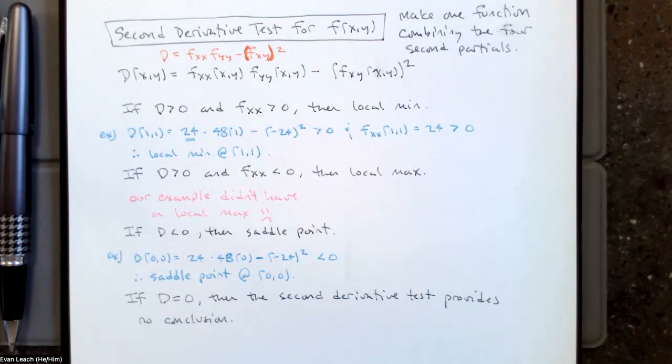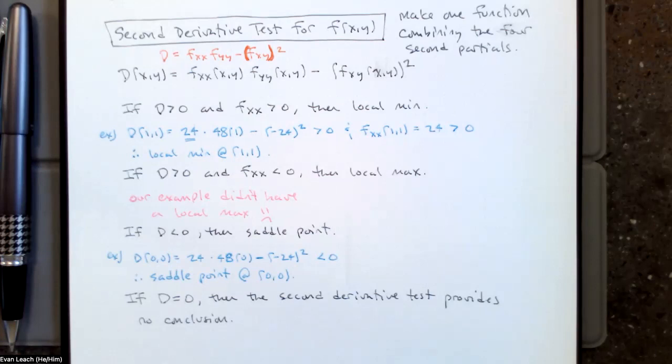Just like before, when our second derivative was 0 at a point, we did not get to use that to determine if we have a local maximum or a local minimum. We don't know what's going on. The second derivative test, not saying anything. So that's mirrored here. In a way, this d function is kind of mimicking the inconclusive part of our original second derivative test. But other than that, it's behaving kind of strangely.